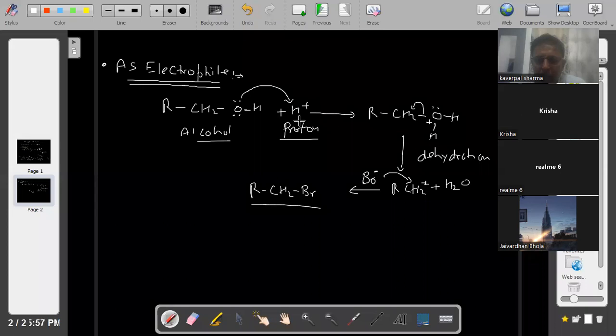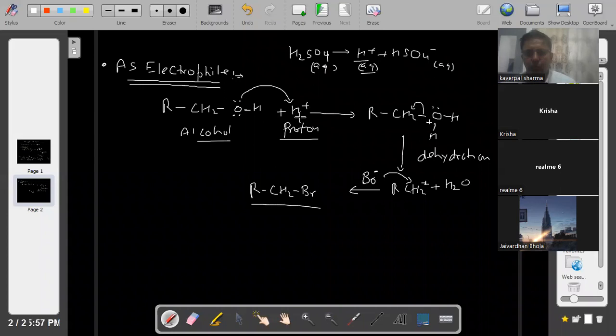It is released by an acid. This proton comes from H2SO4, H plus and HSO4 minus in aqueous state. So this proton is utilized here as a proton.